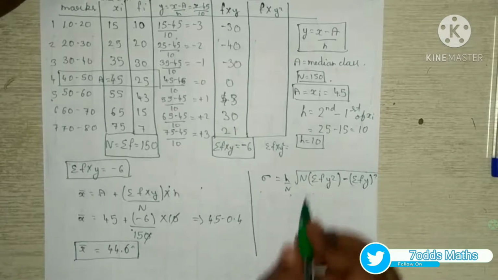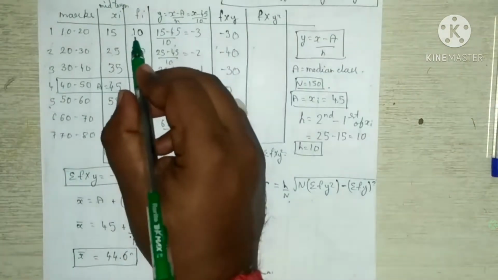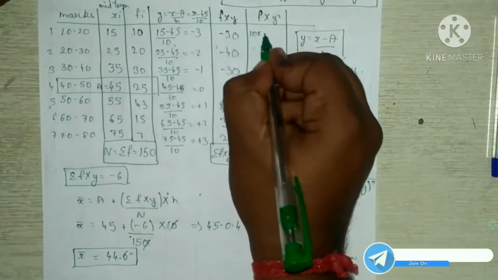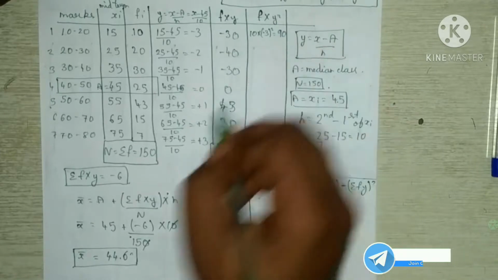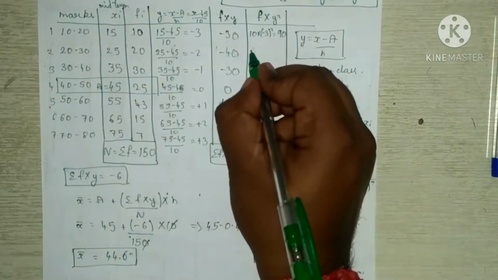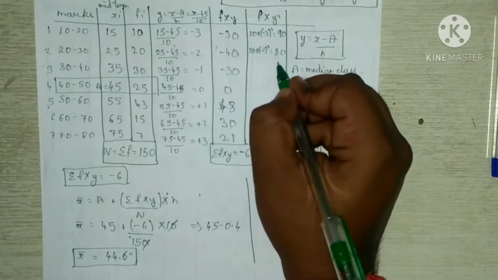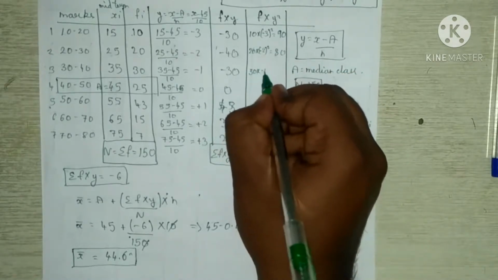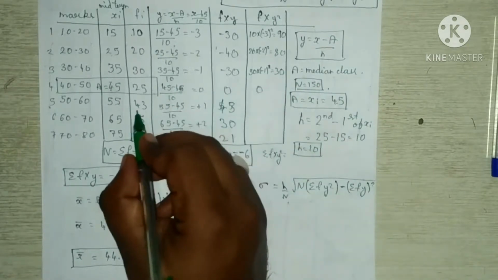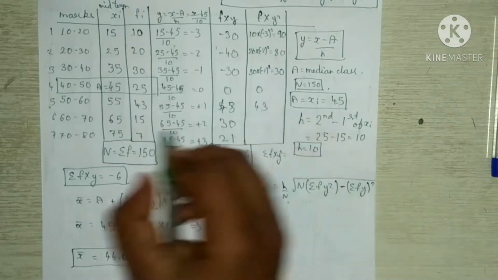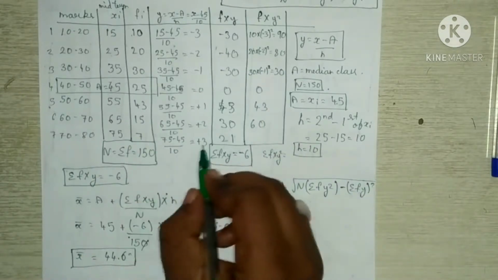Now we need to find summation f into y square. 10 into minus 3 square is 90. 20 into minus 2 square is 80. 30 into minus 1 square is 30. 25 into 0 is 0. 43 into 1 square is 43. 15 into 2 square is 60. 7 into 3 square, 7 into 9 is 63.